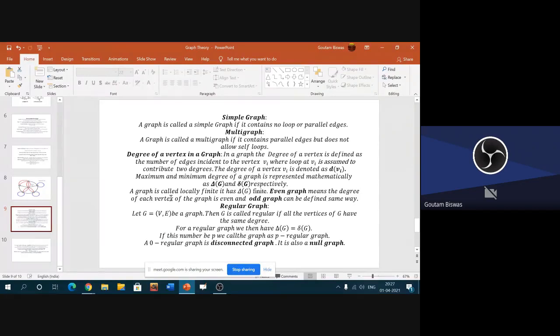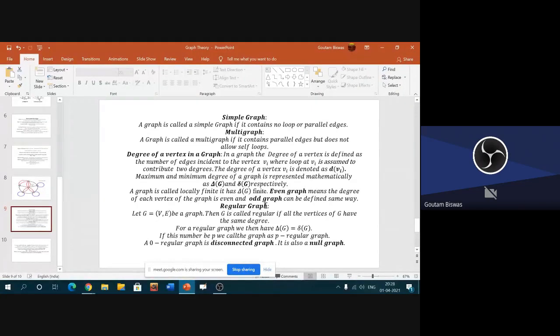Degree of each vertex of the graph is even, then it is called an even graph. And if it is odd, then it is called an odd graph. So, odd degree vertices of a graph and even degree vertices of a graph. But if there is a mix, we cannot say anything.